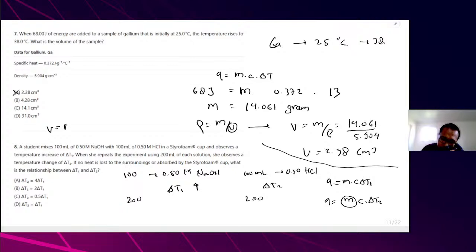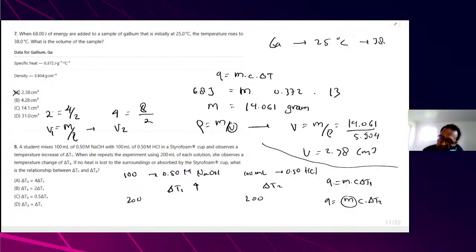Volume is mass per rho. If you have V1 and then V2, for example, the volume is 2, your mass is 4, and your rho is 2. If you want to double it, the mass will be 8 and the rho is still 2, right? Density is still the same. The mass will be doubled as well.